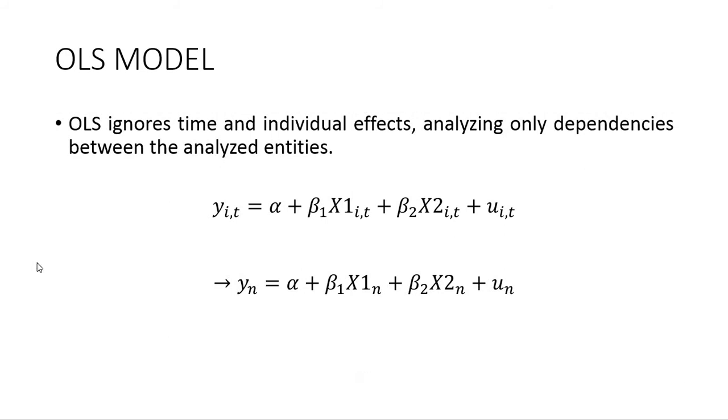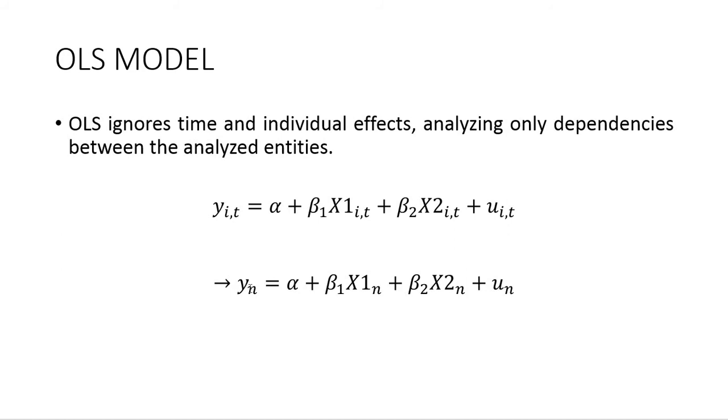So let's say we analyze 10 countries for 10 years. And when you perform an OLS model, you simply replace those indices with n. And n will take values from 1 to 100.